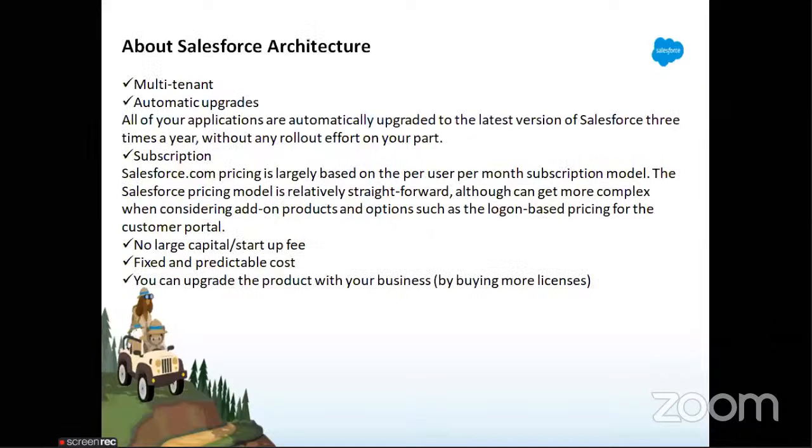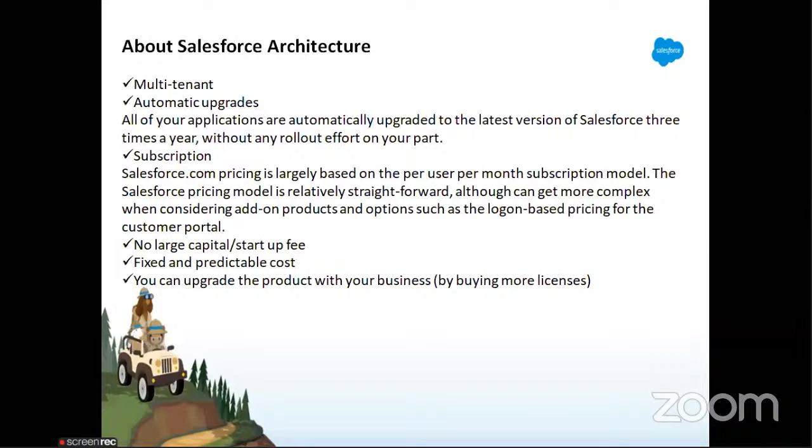Now about Salesforce architecture, it is multi-tenanted. That means a number of users using the same resources, right? The next is automatic upgrades. Basically, when we talk about software, for every software, if there is a new version available, then you need to upgrade, right?